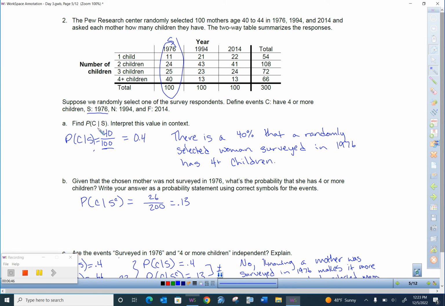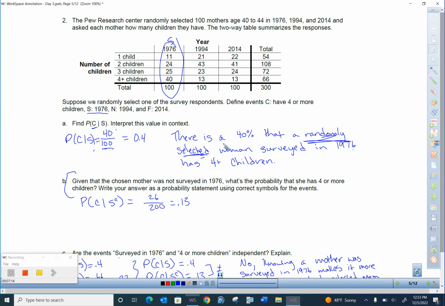And since we're only focusing on that, when we look for the 4 plus children, we can only use that 40, 0.4. And this says there's a 40% chance that a randomly selected, don't forget, randomly selected woman surveyed specifically in this year, given that they were surveyed in 1976, has 4 plus children. So this is one way to write it.